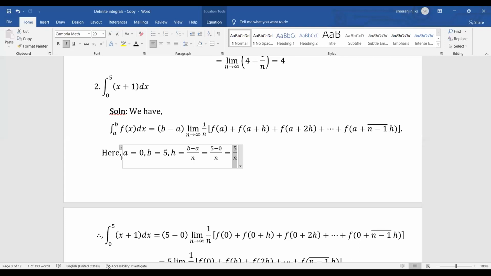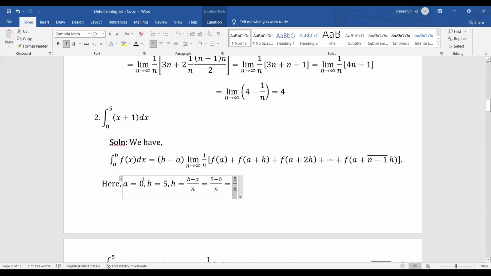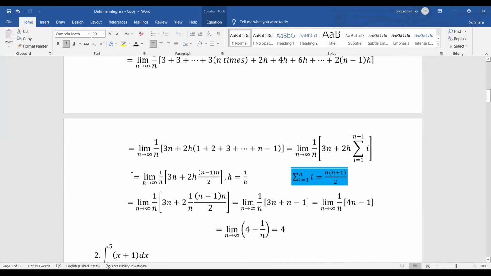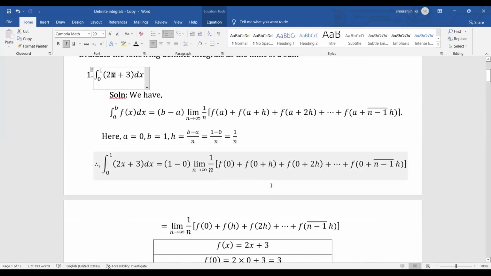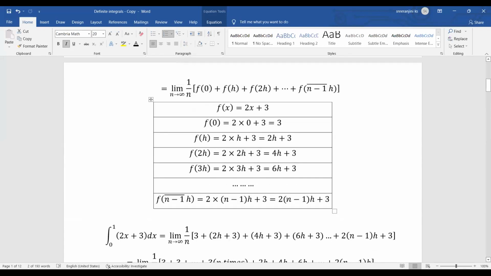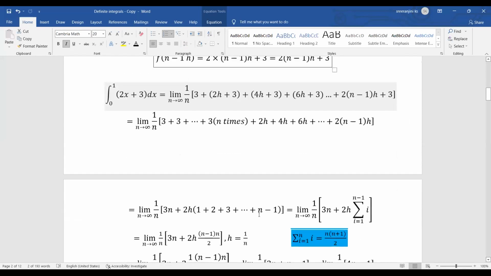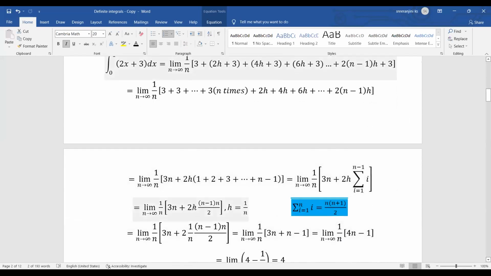Is there any formula we can use to do this directly? Actually, there are some tips. For example, in this problem we have 2x, a term containing x to the power 1, and we got the sum sigma i equal to 1 to n minus 1 of i.